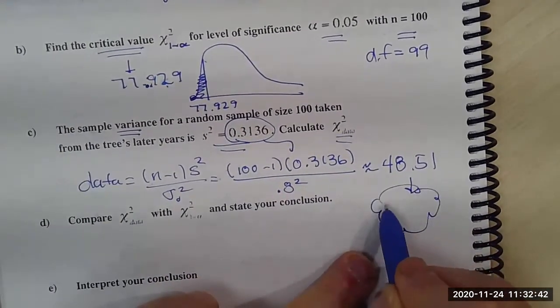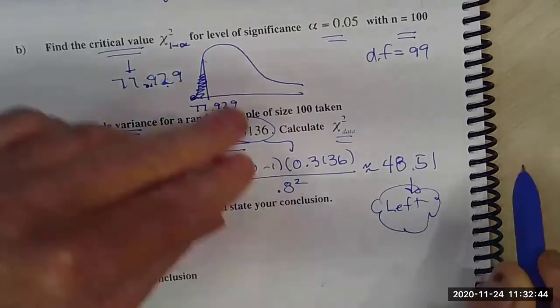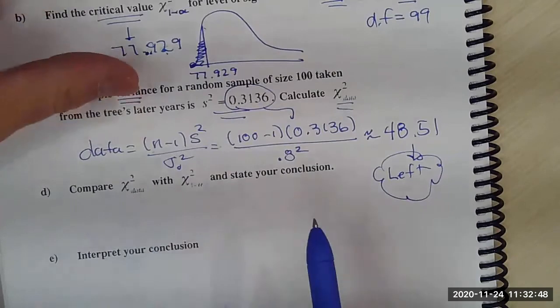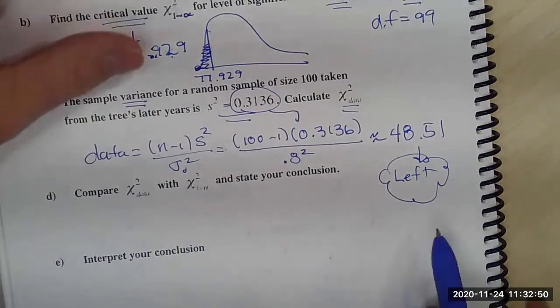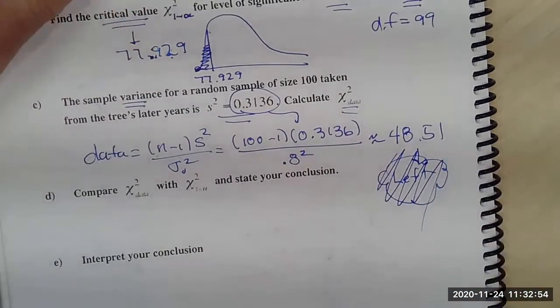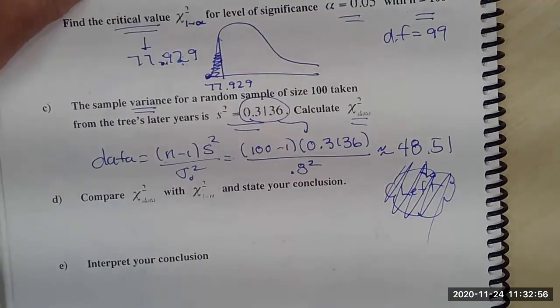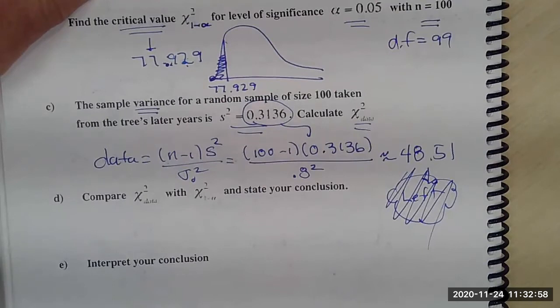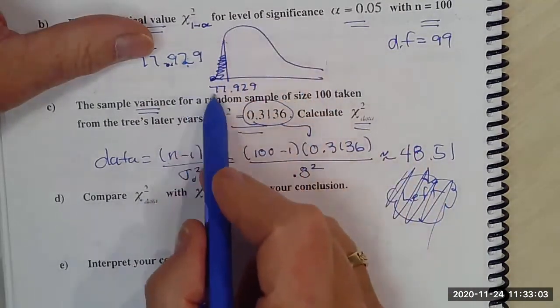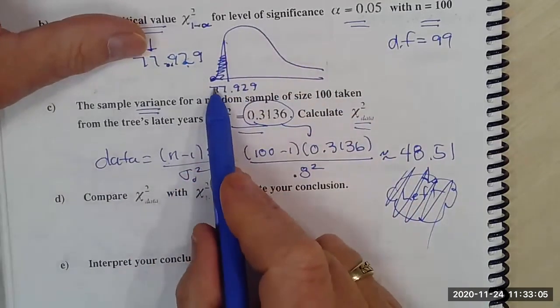Think left. I was going to do my p-value, but forget the p-value. I want to compare them. So where is this sitting in comparison here? Isn't it to the left?